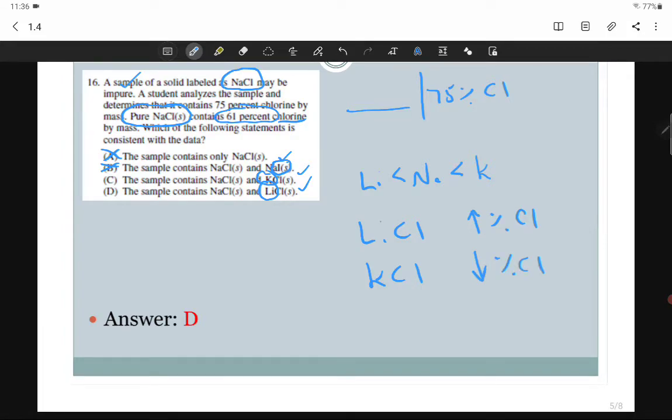So if we want the percentage to be higher than 61%, you're going to have something with Li, anything that's less mass than sodium. Okay, so that's how you get to that answer. Definitely no math required on that question.